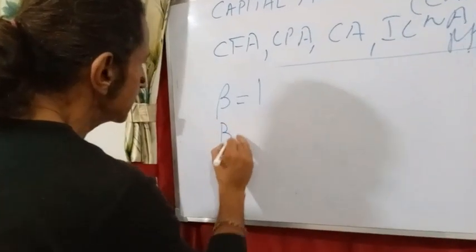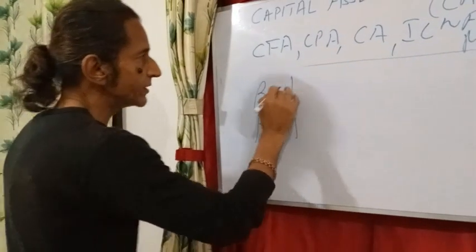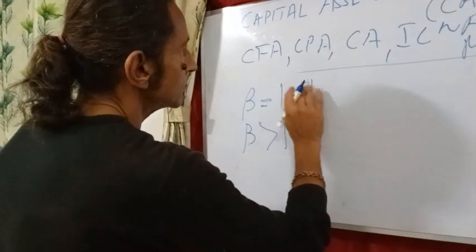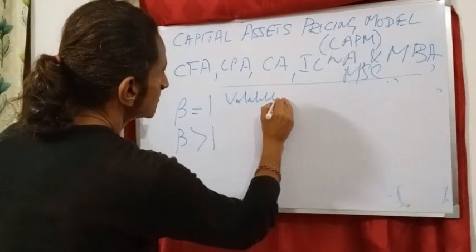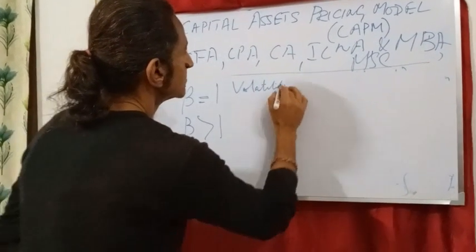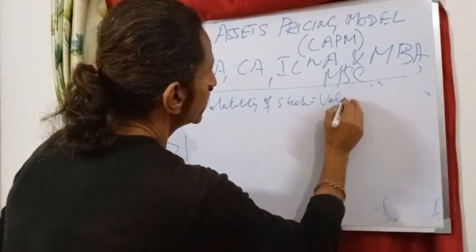Beta equal to 1 means volatility of the stock is equal to volatility of the market.